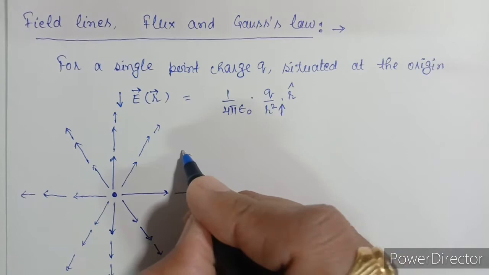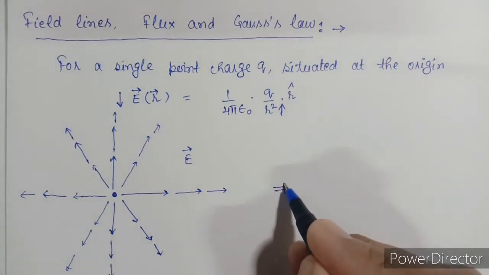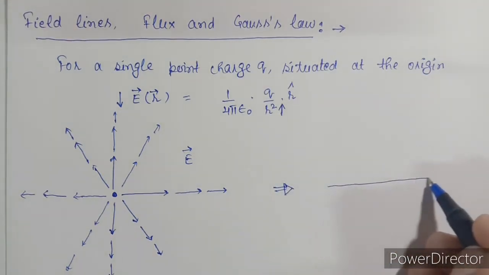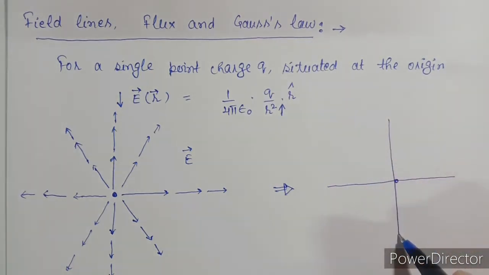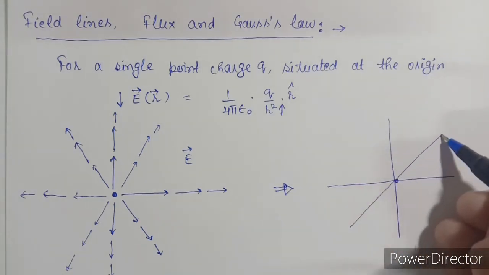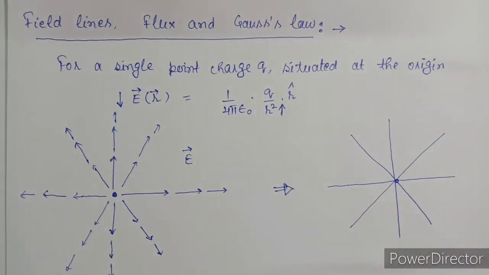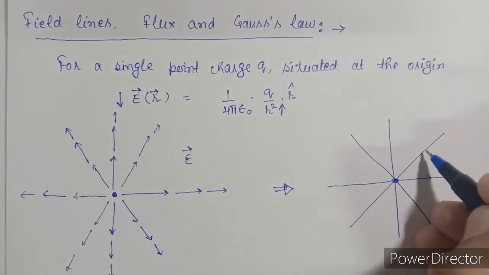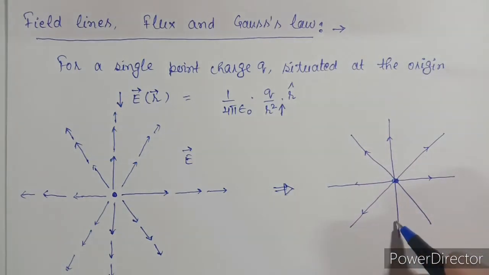So this is the case for the electric field, and here we have one equivalent diagram. Suppose here we have a charge, it shows that again the electric field moves away from the origin, that is radially outward.